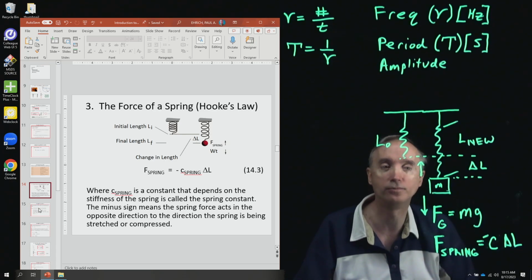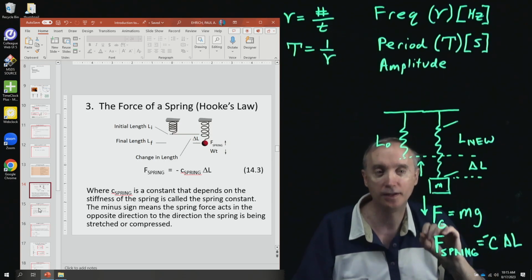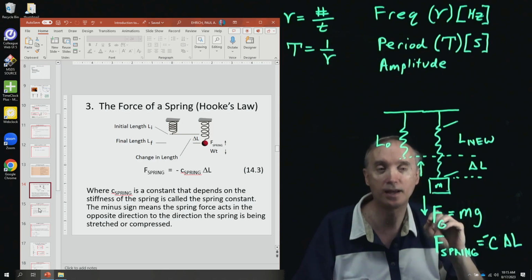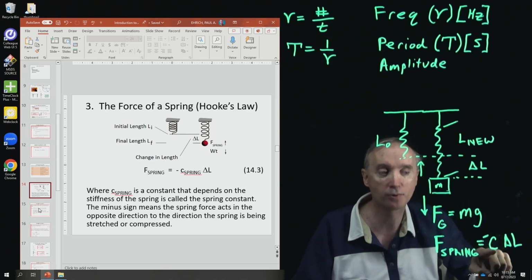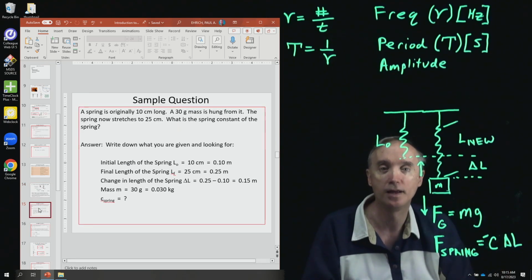Okay, so what's the point of talking about all of this? I would like to be able to calculate what the spring constant is if I do some measurements. All right, so we've got a spring. It has an original length of 10 centimeters.